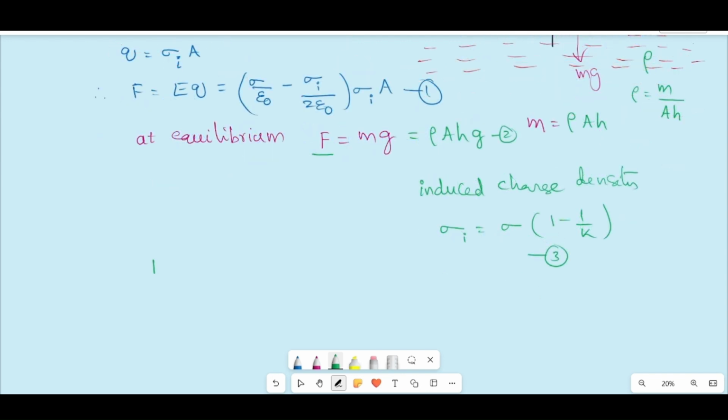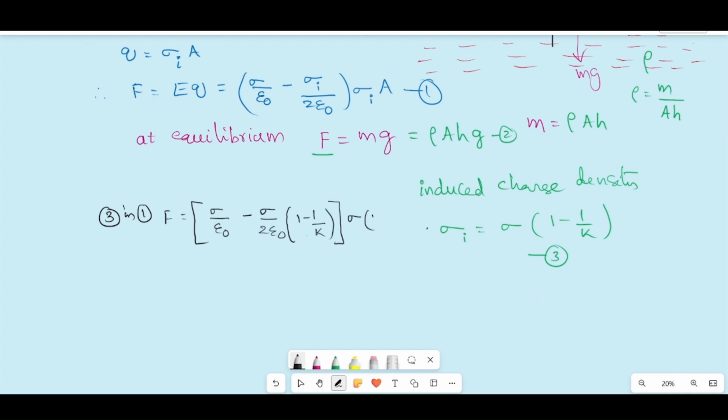So, substituting this equation 3 in 1, the force F is equal to sigma by epsilon naught minus sigma I. Instead of sigma I, let us substitute sigma into 1 minus 1 by k. After substituting equation 3 in 1, we obtain this.